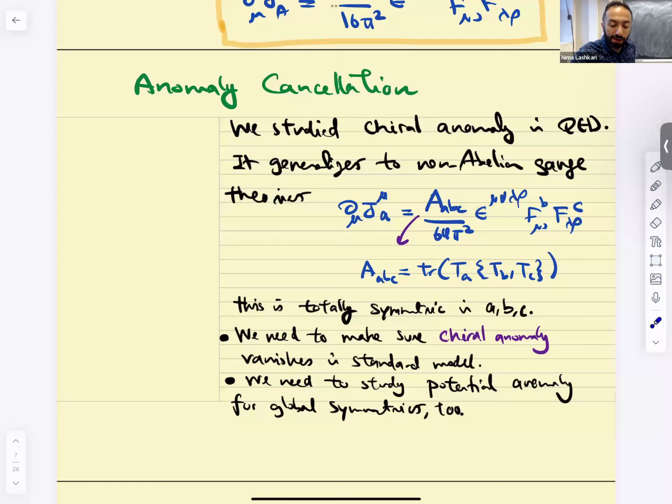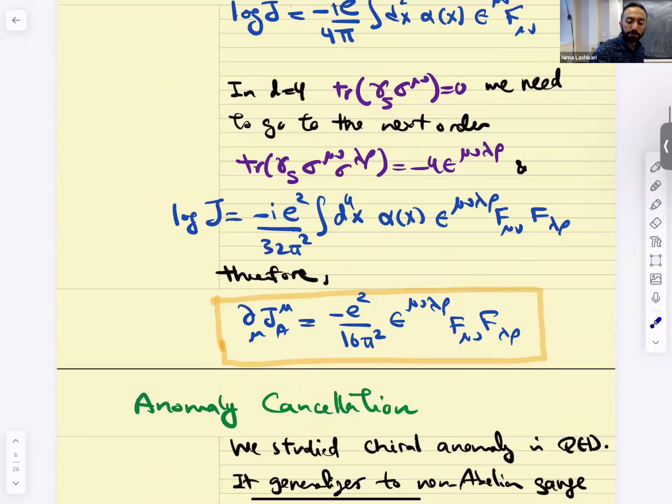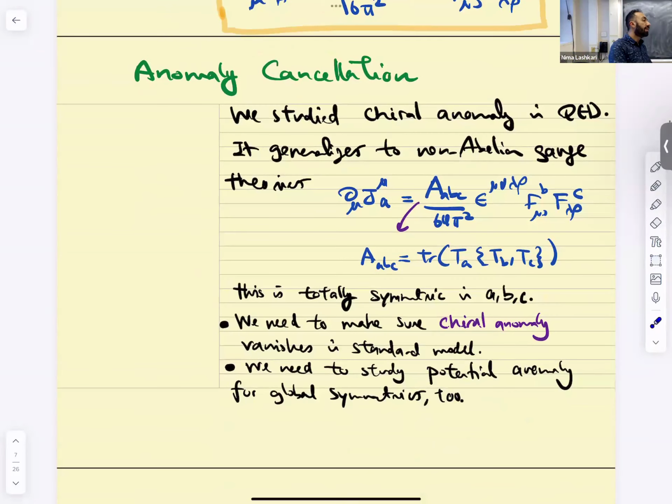All right. Now, this whole analysis that we did was abelian. This was QED in four dimensions, massless fermion QED4. But what about non-abelian gauge theory? In non-abelian gauge theory, you could use the Fujikawa method, and every step goes through.